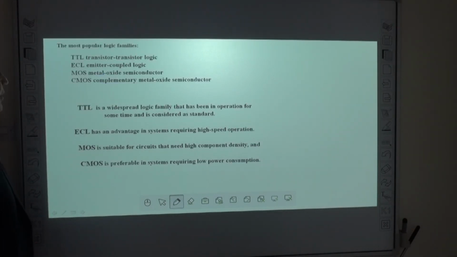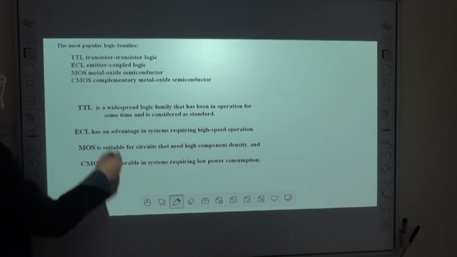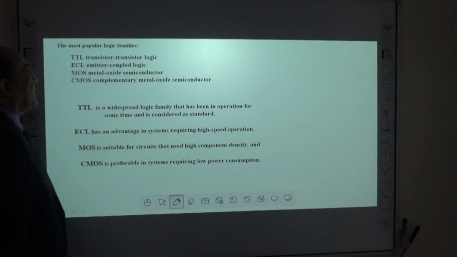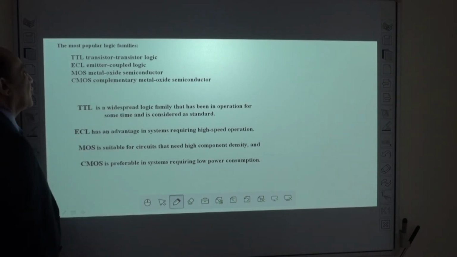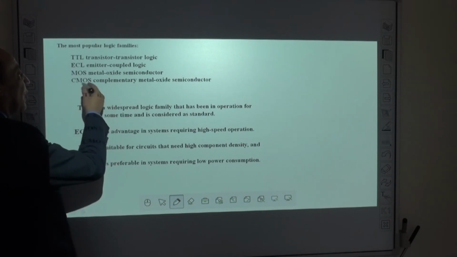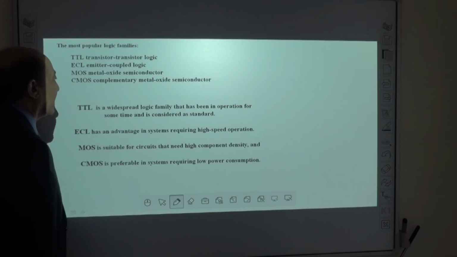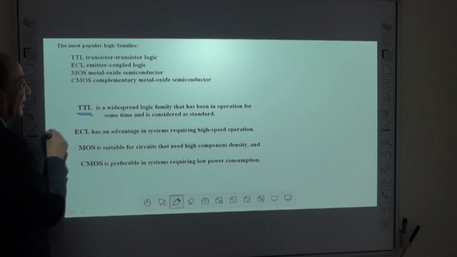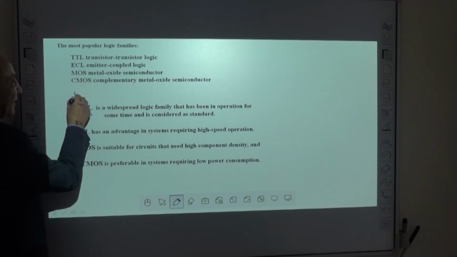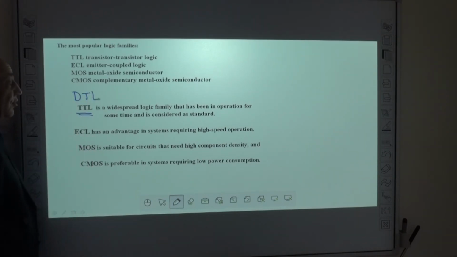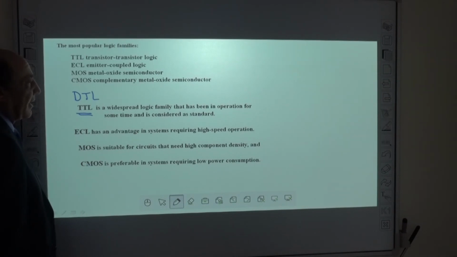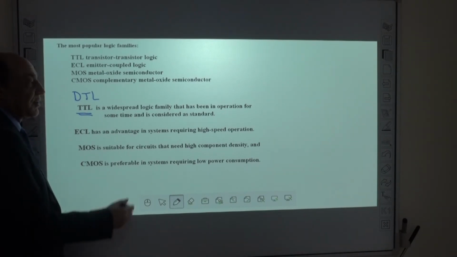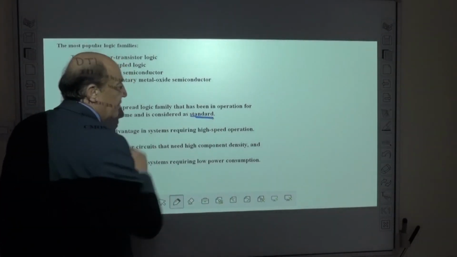The most popular logic families are TTL, transistor transistor logic, ECL, emitter coupled logic, MOS, metal oxide semiconductor, and complementary MOS, complementary metal oxide semiconductor. TTL really was developed from DTL, diode transistor logic, and the widespread logic family that has been in operation for some time and is considered as a standard.